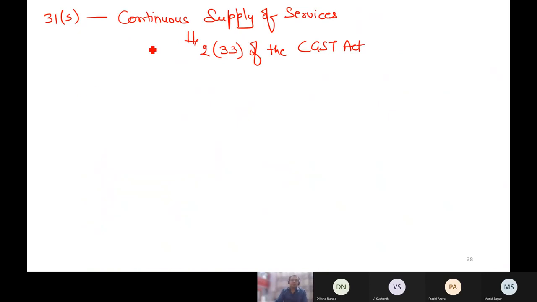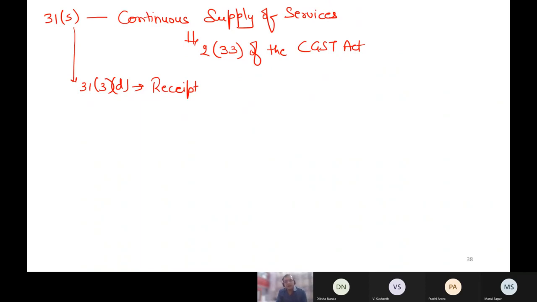In case you received some advance, then don't apply 31(5). Apply 31(3)(d) and issue the receipt voucher. You cannot issue a tax invoice in case of advance.